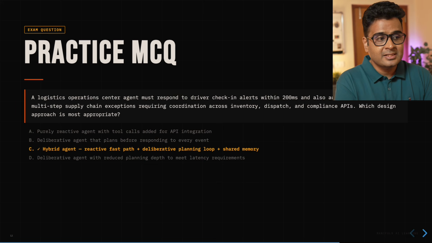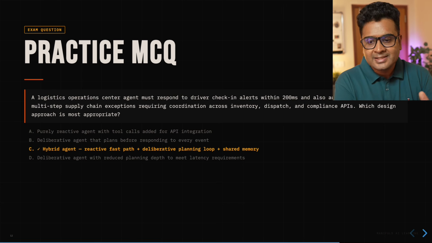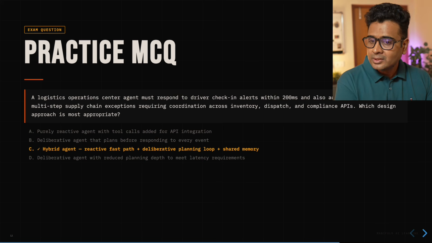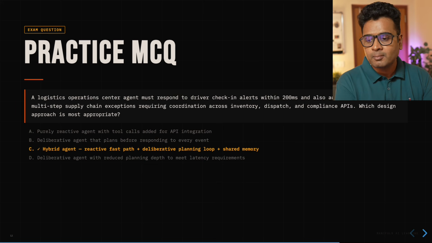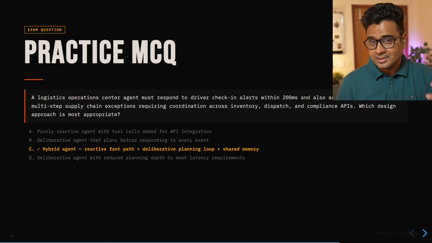The system must respond to driver check-in alerts within 200 milliseconds, and also autonomously resolve multi-step supply chain exceptions that require coordinating with inventory, dispatch, and compliance APIs. Which design approach best reflects how the system should be architected?